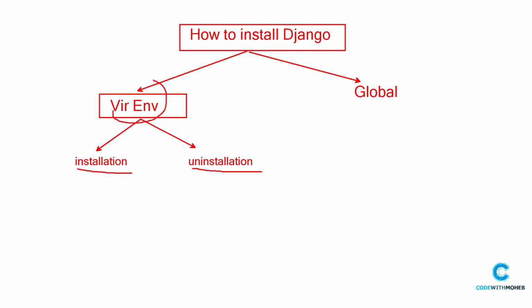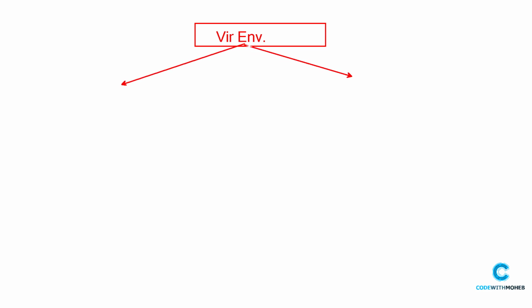We'll talk about this one first. So I'll write here virtual environment. In virtual environment, I will simply go to two options. One is installing, and the second one is uninstalling.